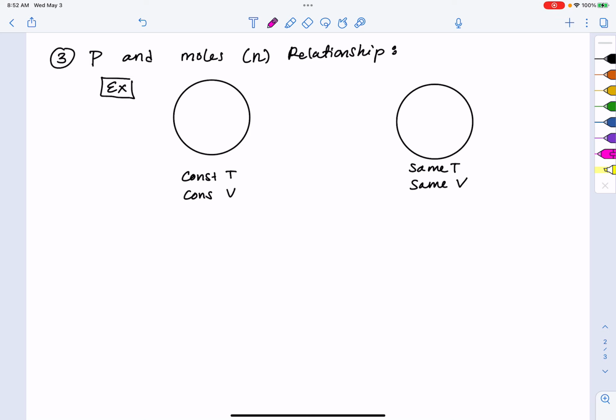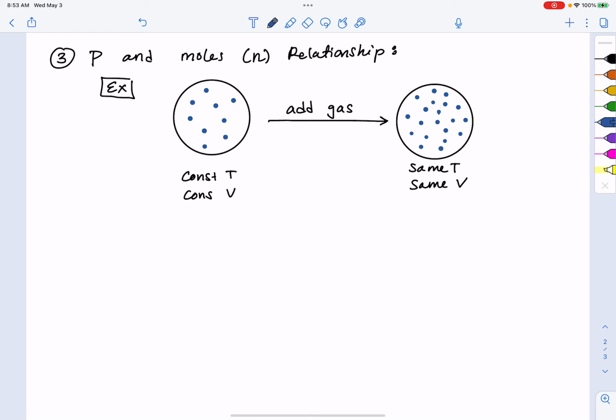And let's suppose that what I do is I add gas, meaning I increase the quantity of gas by adding more moles of gas. So let's say I had 1, 2, 3, 4, 5, 6, 7, 8, 9 originally. And now let's say I've got 20 moles of gas.